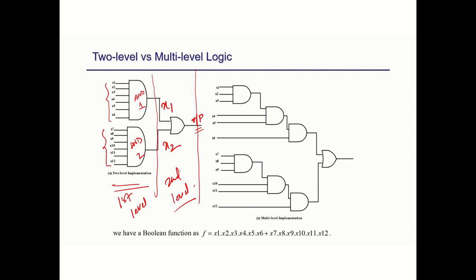But when any function is defined, and we need to realize it in more than two stages, then we will term it as a multi-level implementation or multi-level logic synthesis method. So here you can check, this is one level, this is another level, this is another level, and finally the output is taken from this.